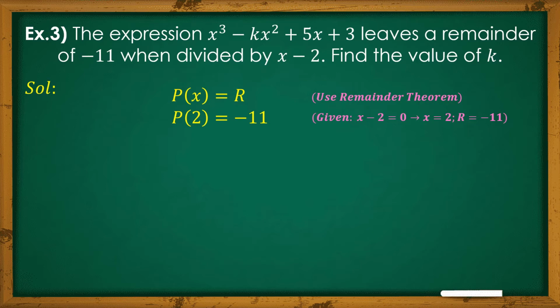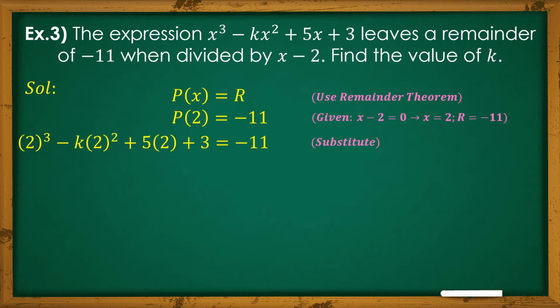Now, isa-substitute natin yung buong expression ng polynomial sa ating p of 2. We will have 2 raised to 3 minus k times 2 raised to 2 plus 5 times 2 plus 3. And we can see na k ang matitirang variable kung saan yun yung gusto nating hanapan ng value.